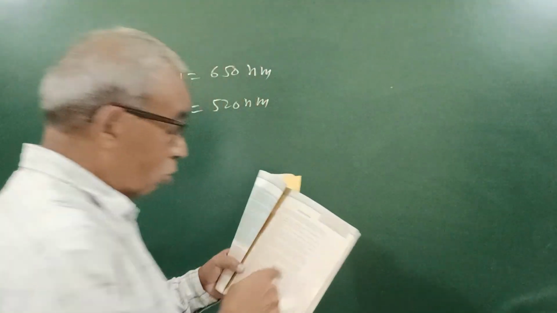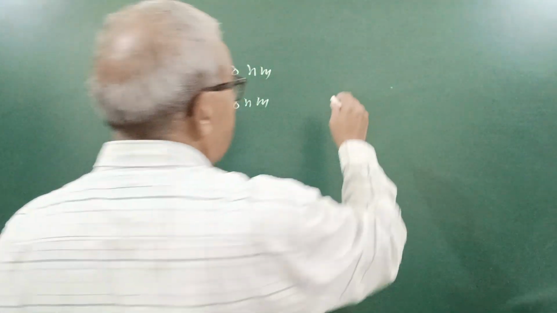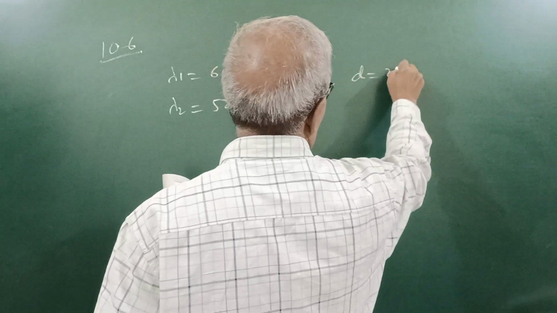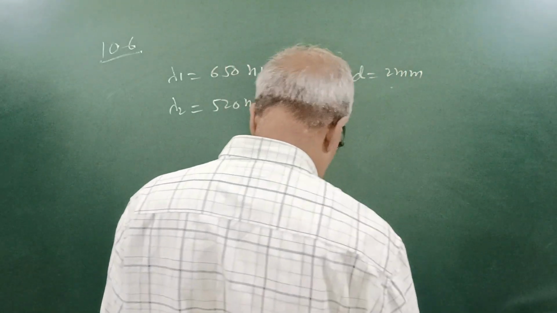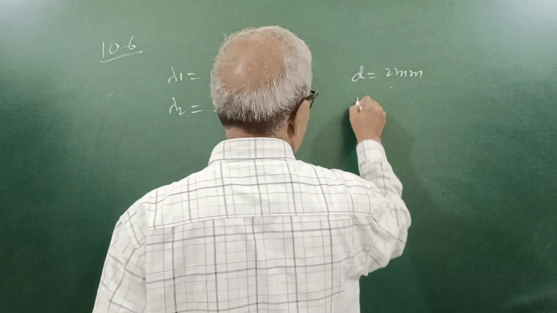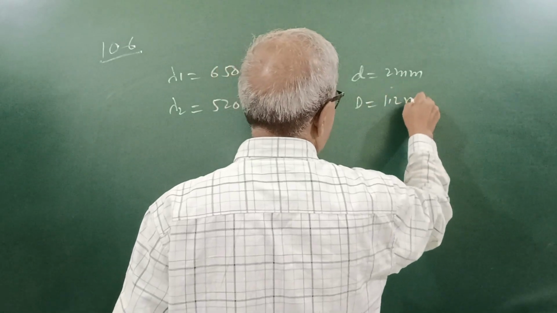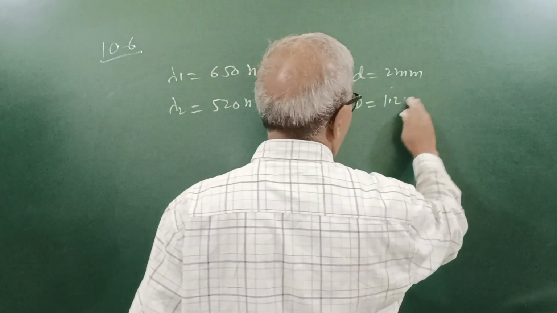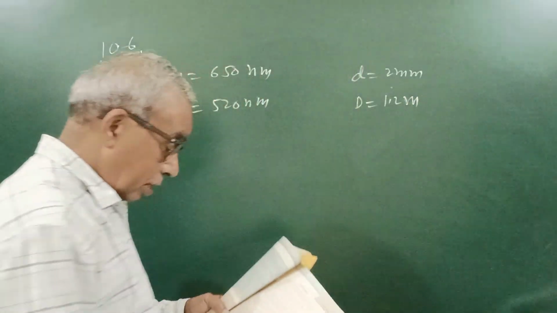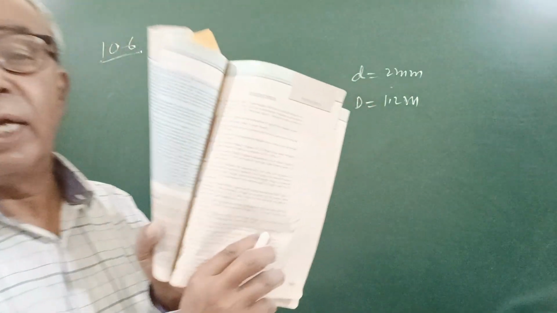In this book, this data is missing: small d is 2 millimeter and capital D is 1.2 meter. I found it from somewhere.